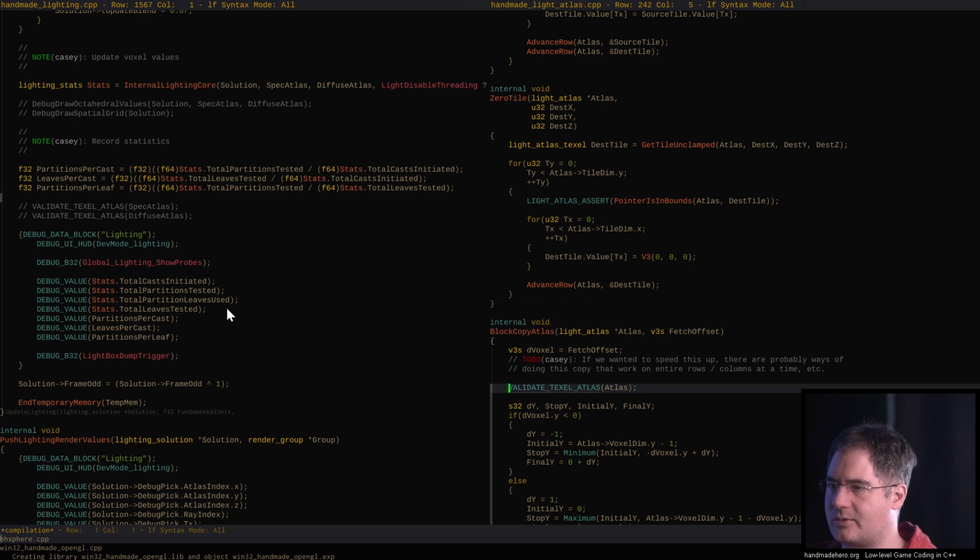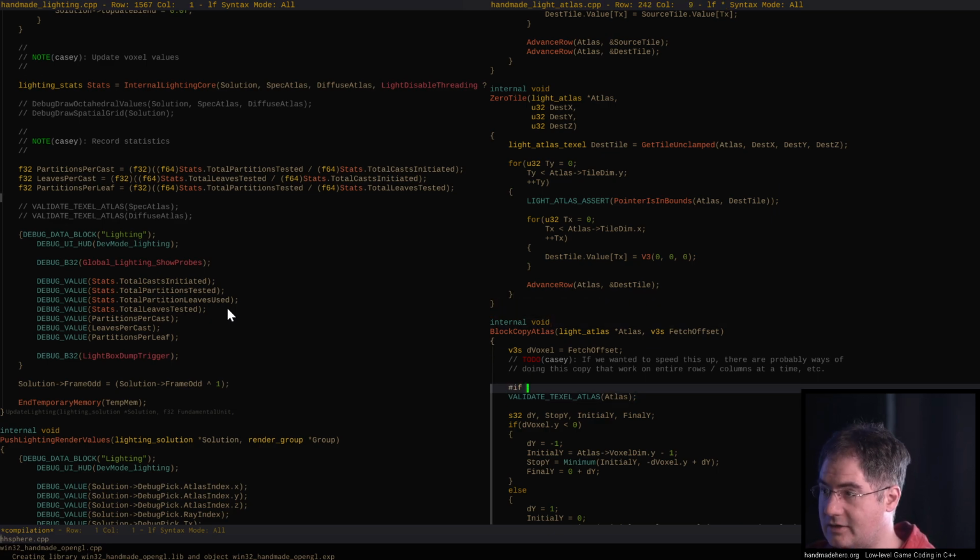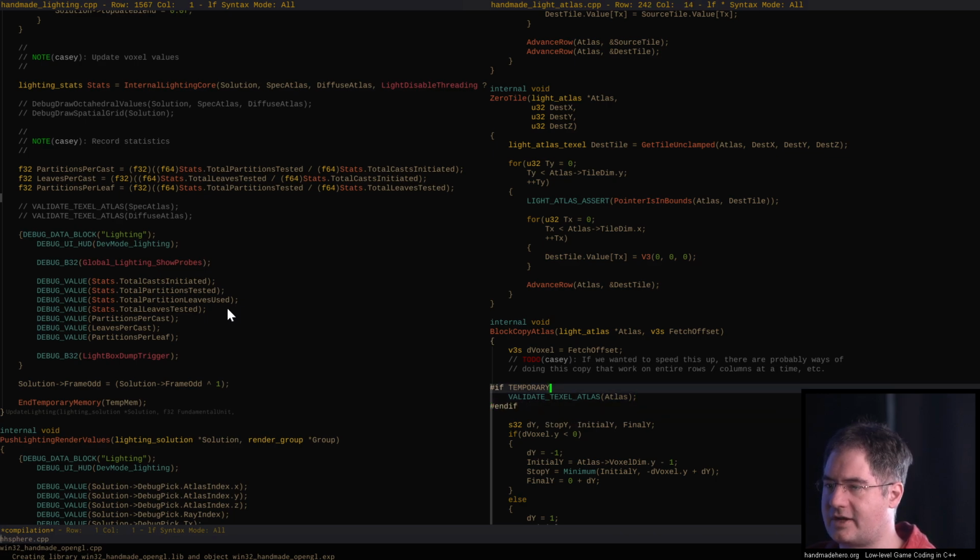I suppose what I should probably do is mark these in some other way. So I should probably do like if temporary or something like this, just so I can find them again if I'm removing some of these, because I want to put them back in.